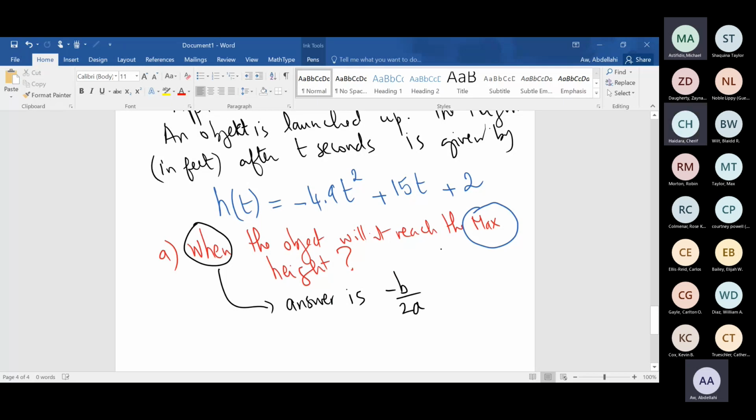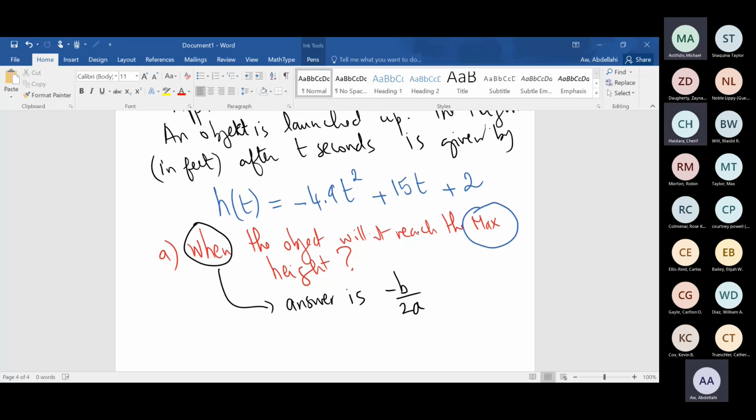I have a question. Yes, go ahead. This looks like physics, right? Yeah, it is physics here. So I think when the object reaches the maximum, it's about the k. No. What is the maximum? If you say what is the maximum value, of course it's going to be the k.